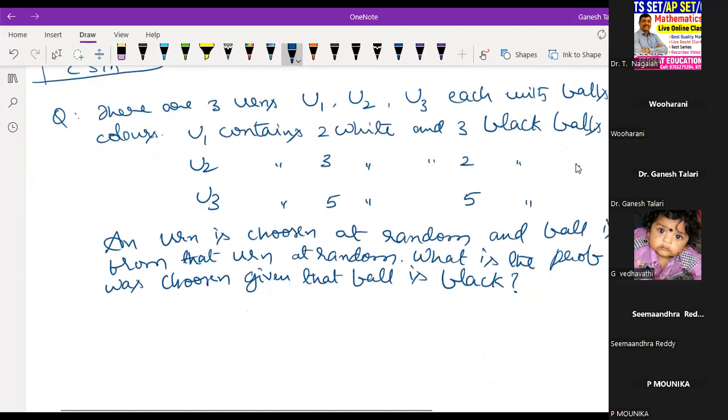It is similar to whatever we have solved in the previous question, exactly similar. So give me the answer.